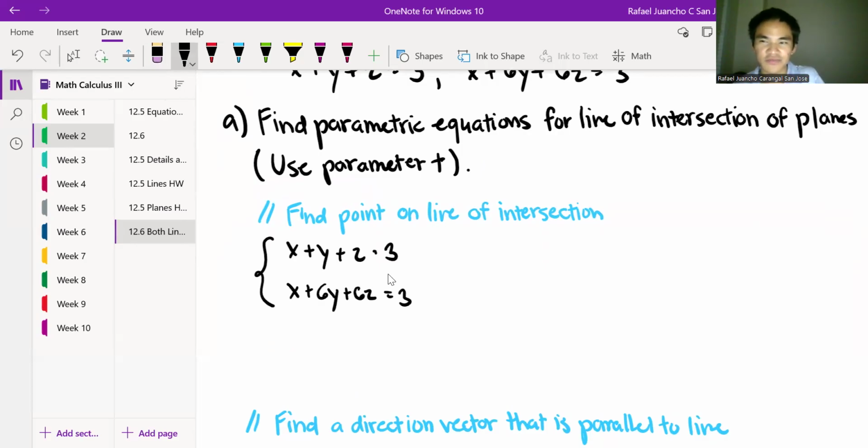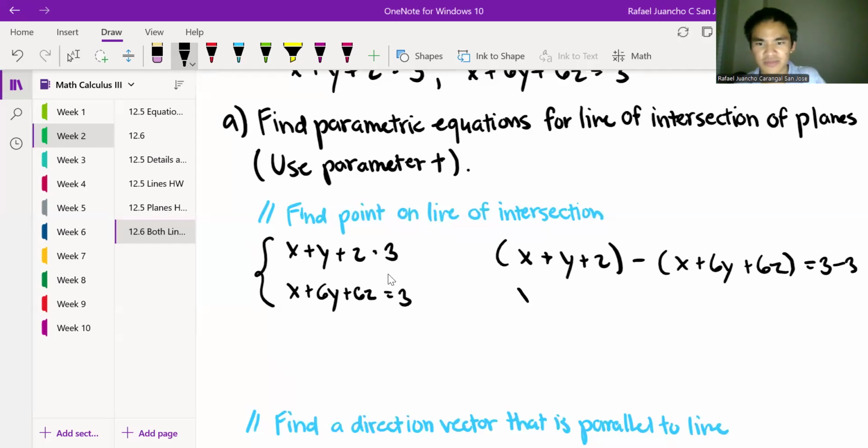And we can actually subtract these, and it will give me this thing. Subtract the other equation, and then this is just 3 minus 3, which is 0, right? And then we can actually further simplify this thing. So we got x minus x plus y minus 6y plus z minus 6z, which is 0.